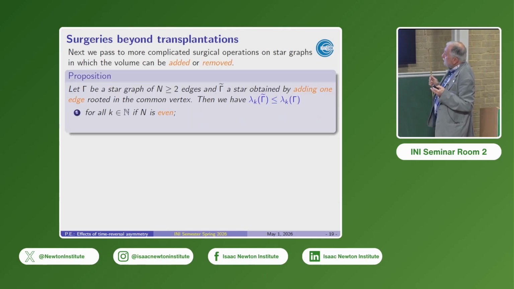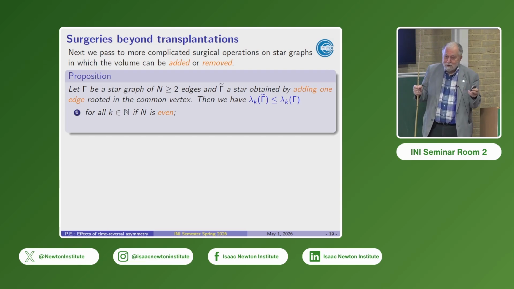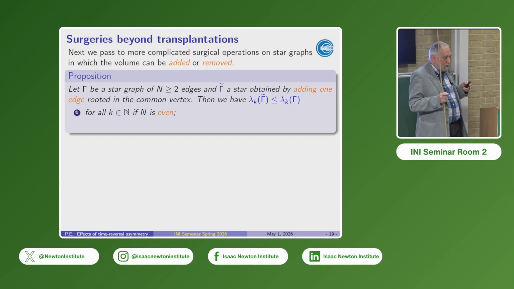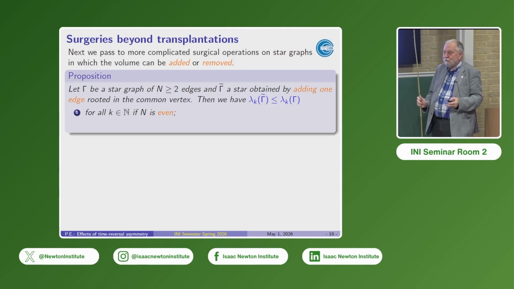Now the next thing. Now I start surgery, which is not just transplantation, not using only the flesh of the patient. I will add one edge rooted in the common vertex. If n is even, then adding the edge will not push it up.